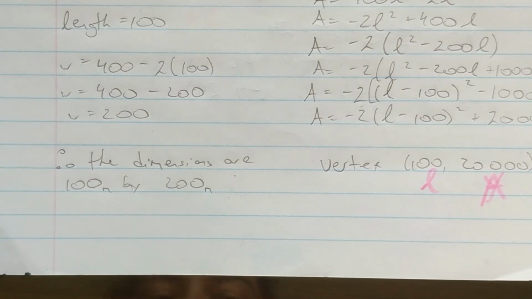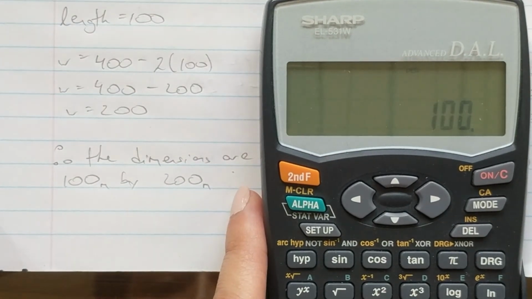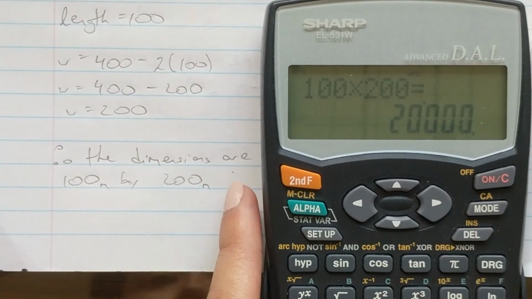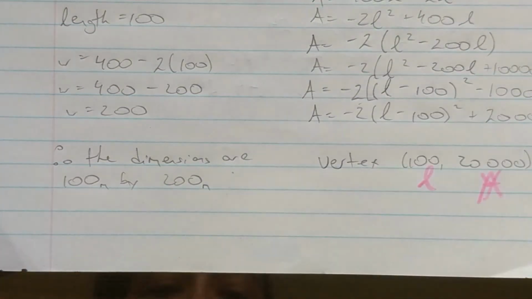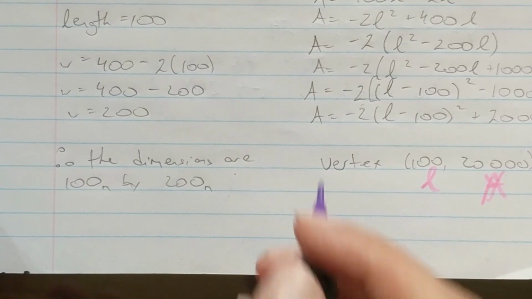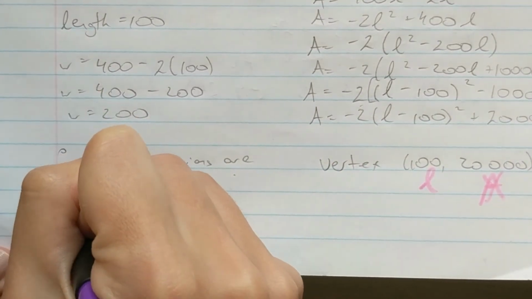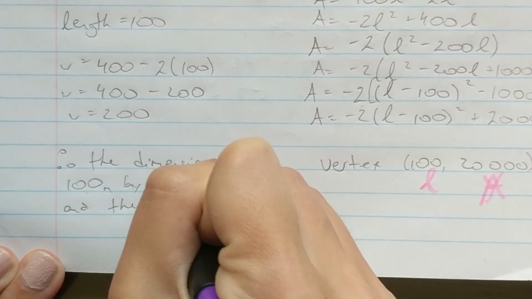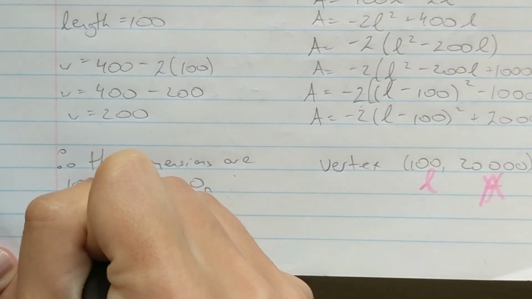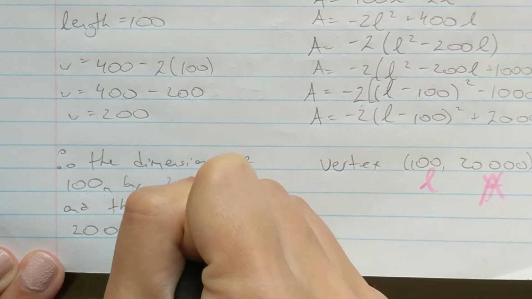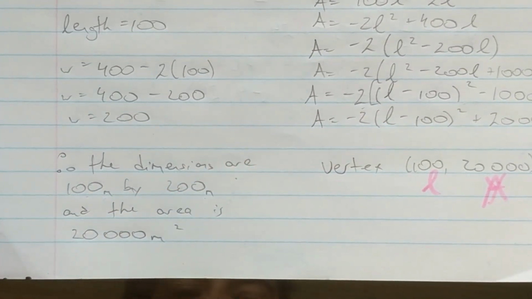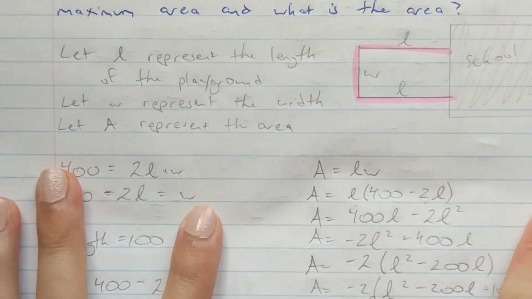Let's just do length times width. 100 times 200 is 20,000. Okay? If you're uncomfortable with that, you can show that calculation separately, but I'm not going to. So I'm going to say the dimensions are 100 by 200, and the area is 20,000 meters squared.